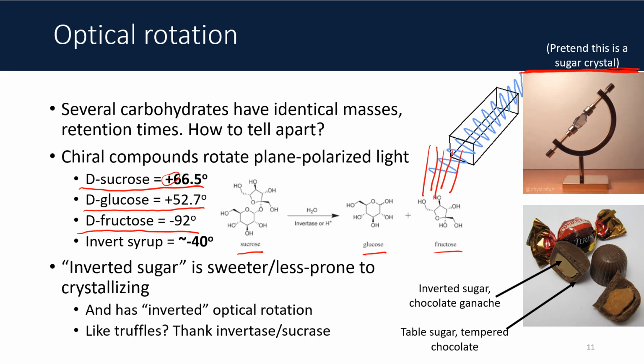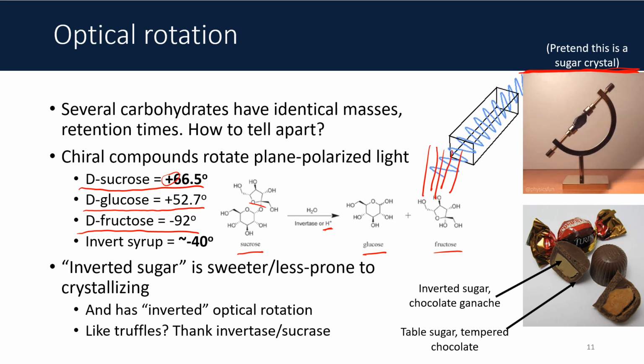If you're into baking, bakers will often cook down sugar in acid, specifically sucrose, and intentionally break the glycosidic bonds holding together the glucose and fructose units. And it will also linearize the sugars in the process. This is going to produce something called invert syrup or invert sugar, which is basically just a gooey mixture of glucose and fructose.